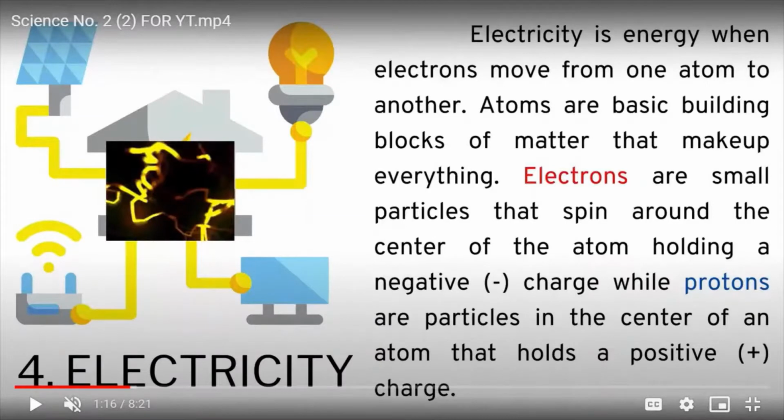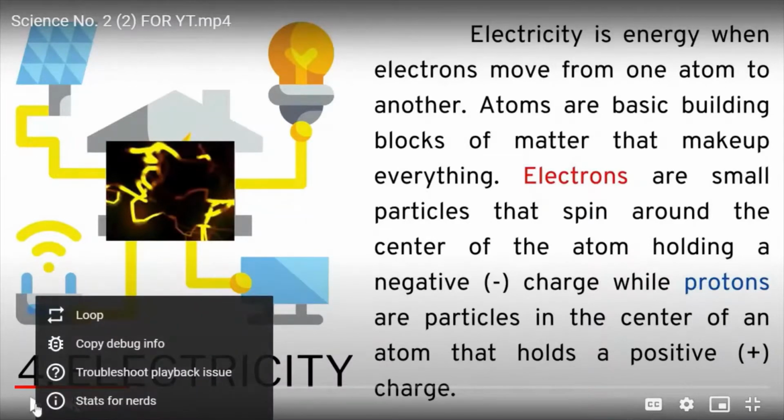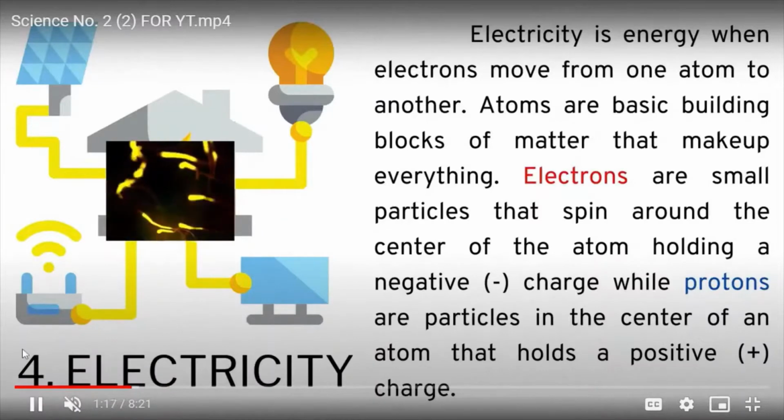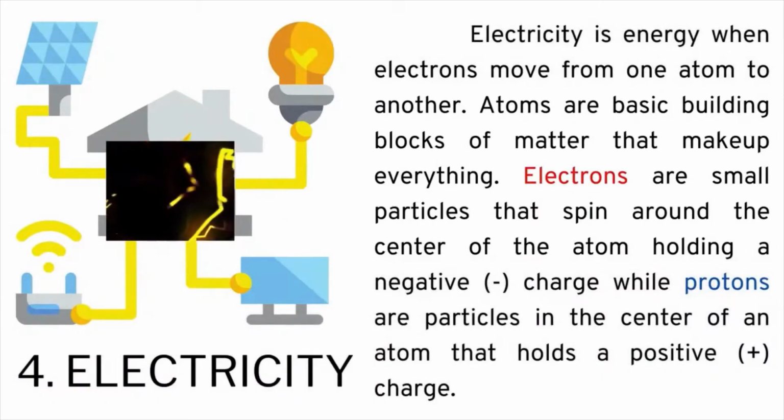Electrons are small particles that spin around the center of the atom, holding a negative charge, while protons are particles in the center of an atom that holds a positive charge. In this example, we can use electricity in our home.